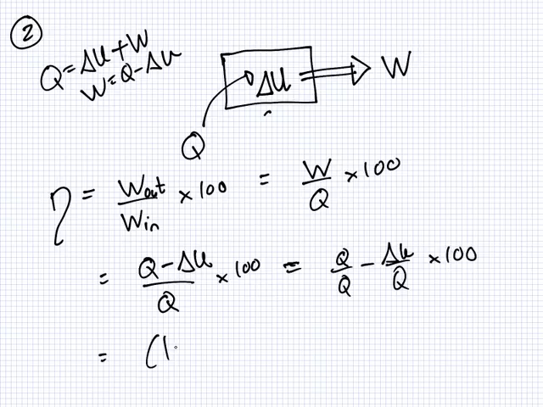So it's 1 minus delta U over Q, times 100.